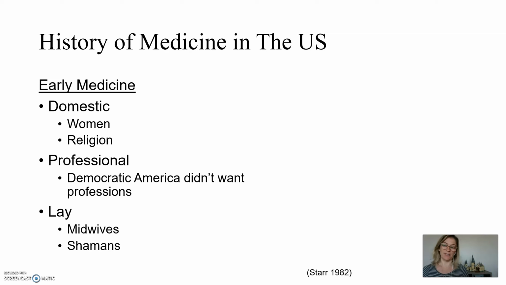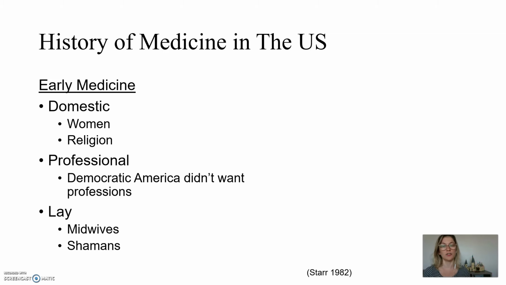So early medicine spanned three areas: domestic, professional, and lay. Domestic was really the women of the household or a religious institution helping with treatment. And we are talking very old history of medicine in the United States. We also had professional medicine, but when we were first created, the United States was very anti-professions because that was stuff that Britain was doing and we couldn't do anything that they were doing.